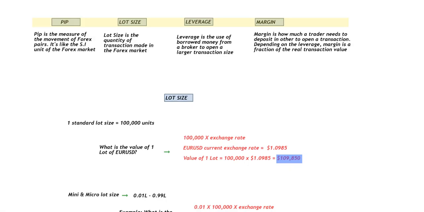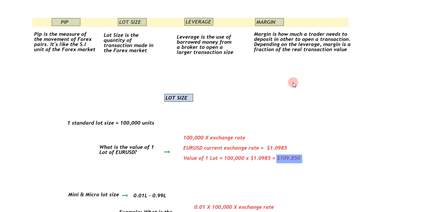Away from that, let's look at the lot size. Lot size is the quantity of transaction that is made. In every market, whether you want to buy or sell, there is always the aspect of the quantity of what you want to buy. The quantity will then be multiplied by the unit value of that item.